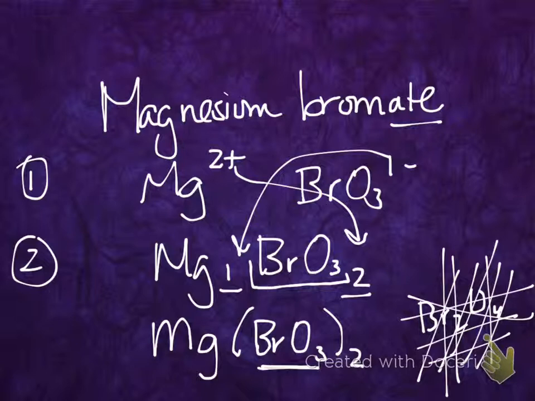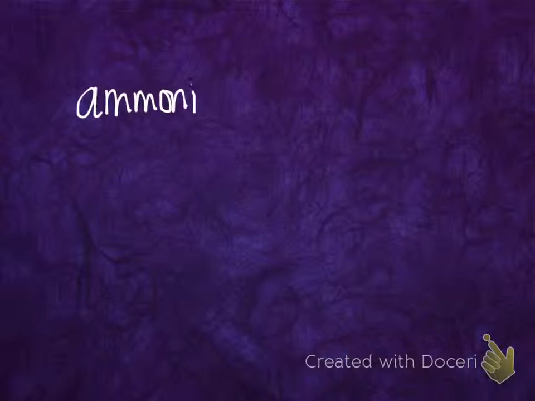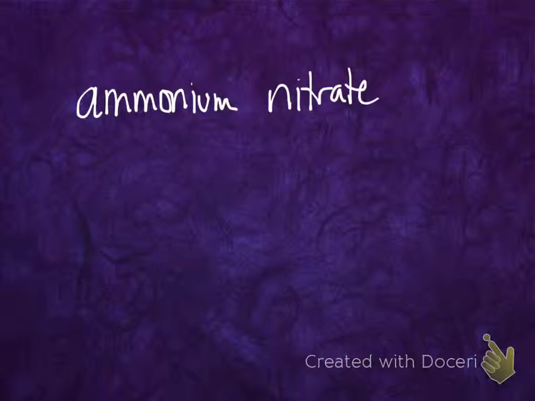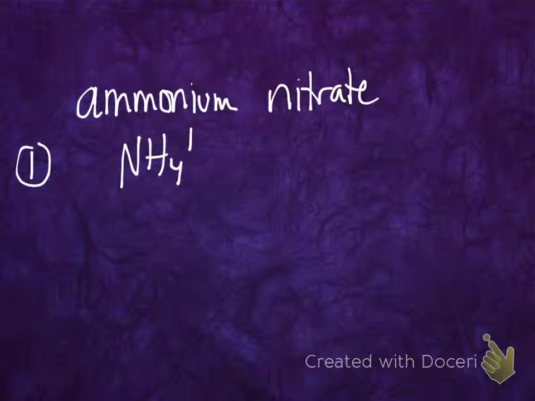Okay, let's do one more together, and then I could turn you loose to work on your own. We'll do 2 more together, because there's one other example I want to do. Ammonium nitrate, commonly found in fertilizers. So you write out the ions. Ammonium is a polyatomic ion, which is NH4 1 plus.